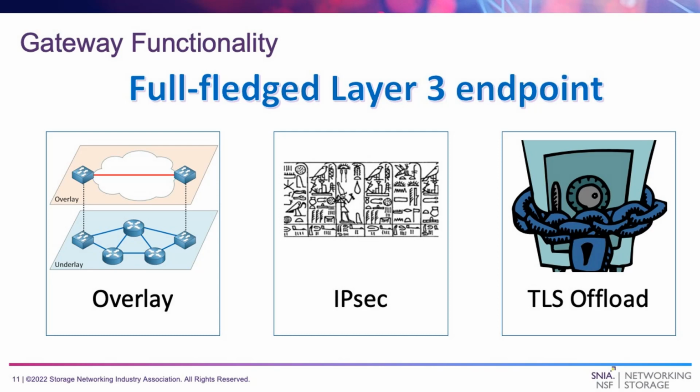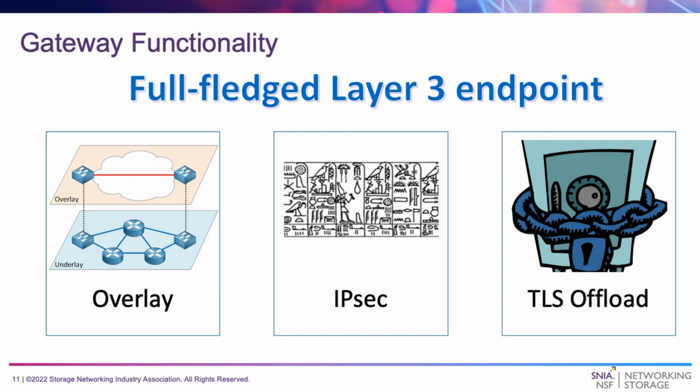And again, increasing the level of sophistication of the offloads we want to have, we can go and offload gateway functionalities. In this case, the xPU has the role of a full-fledged layer 3 endpoint, and it's going to terminate tunnels that you may want to use to implement overlays.